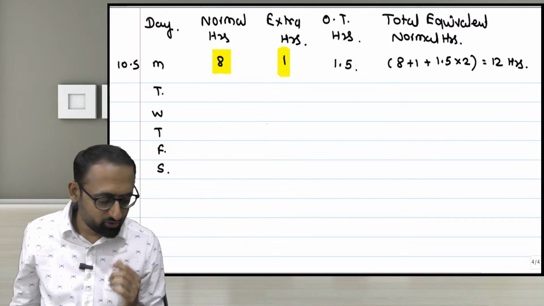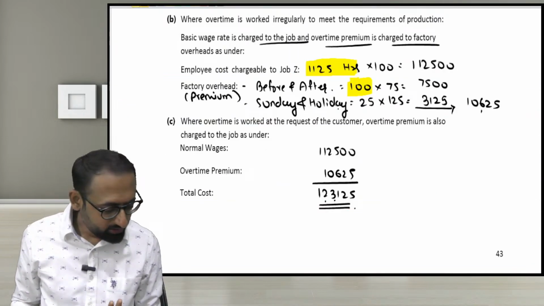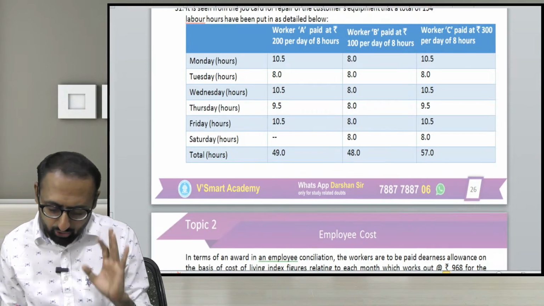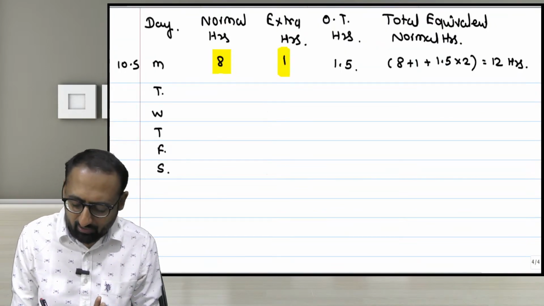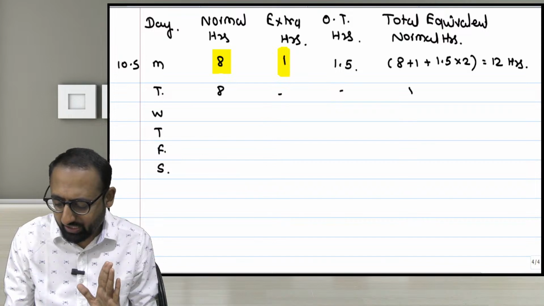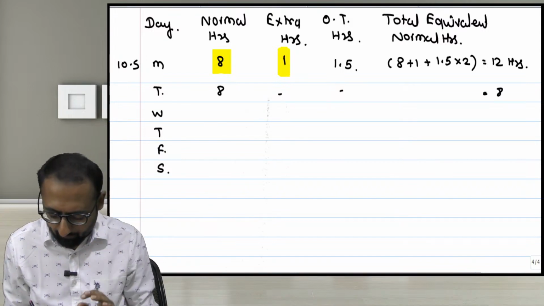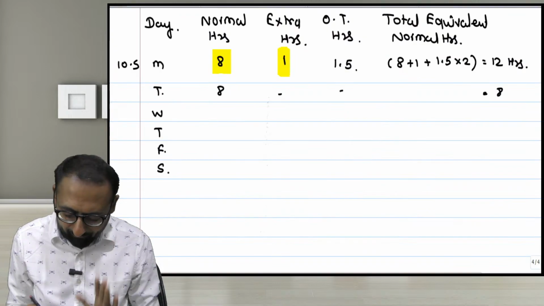Let's go to the next situation, and the next situation is Tuesday. Only 8 hours of work. Finished, 8 and 8. Next one, again 10.5 hours.